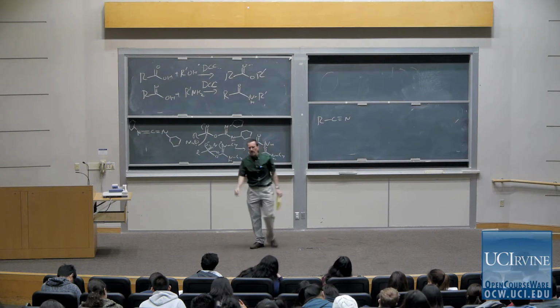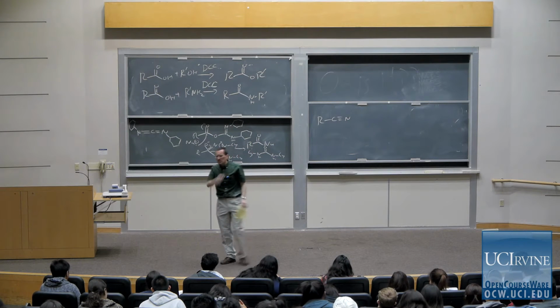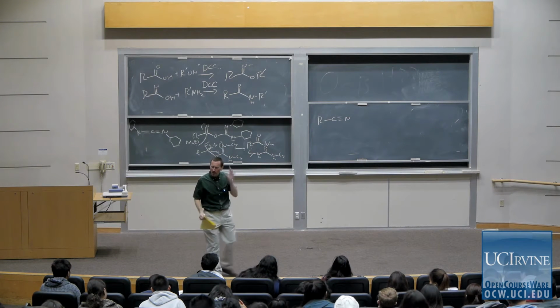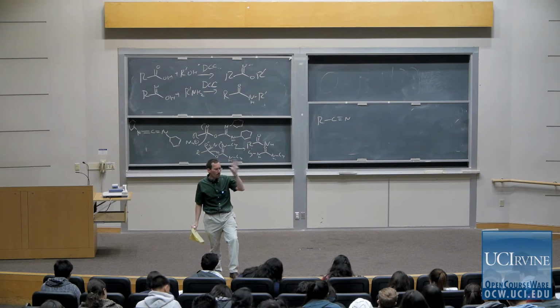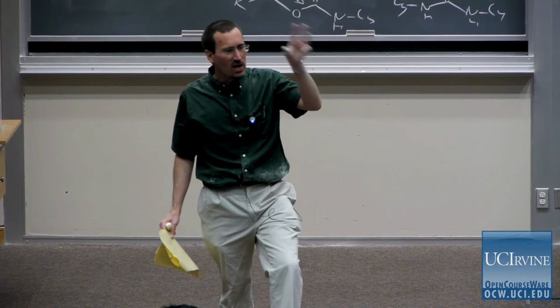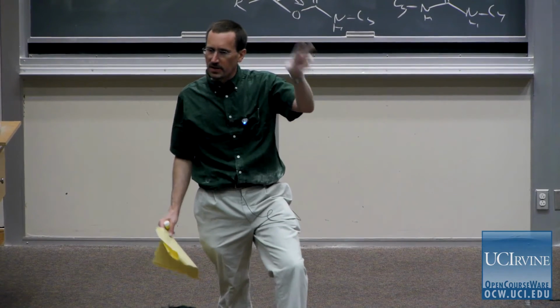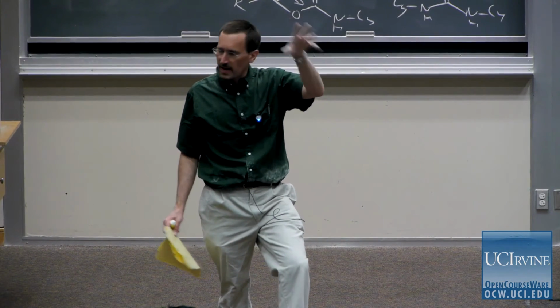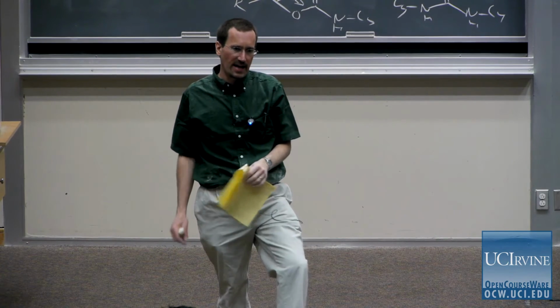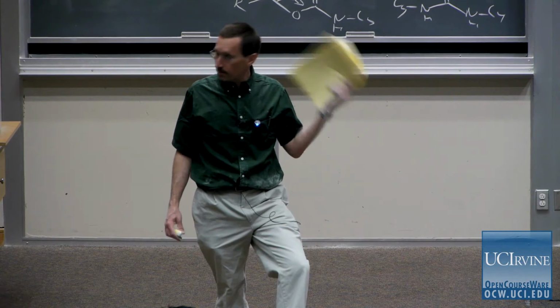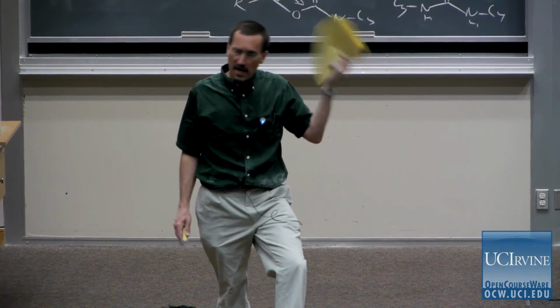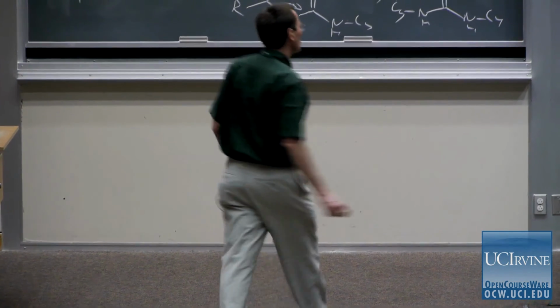Lithium aluminum hydride is a super, super good hydride nucleophile. It can push hydride into practically any double or triple bond between carbon and any sort of electronegative atom. It can push it into a carbonyl group. It can push it into an imine. It can push it into a nitrile.